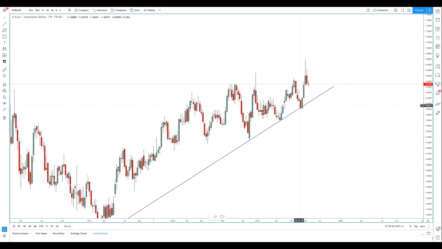Getting an entry around here, once you develop the understanding of how to do it, is where you can gain the most pips, because you're getting in at the very bottom of a trend and riding it all the way up to the top of the trend, rather than getting in the middle. Even though some people might think it's risky, I'm going to explain this to you in a minute, it's actually very low risk if you know what you're doing, and you've got huge reward.